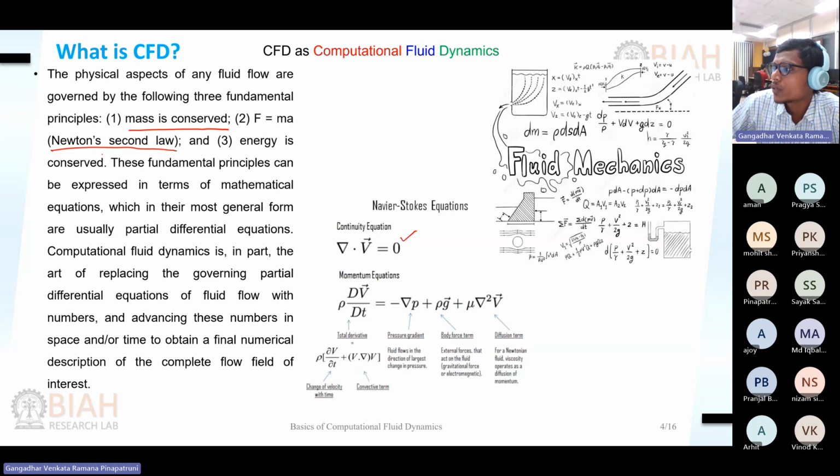Can you unmute yourself and have a small interaction? Sayak, are you there? Yes, sir, I'm here. Yes, Sayak. What do you know about mass conservation?